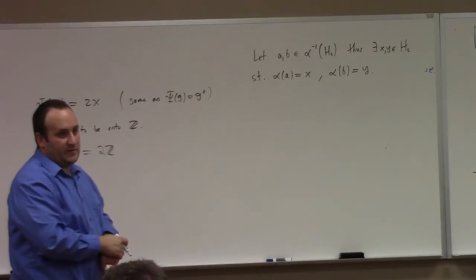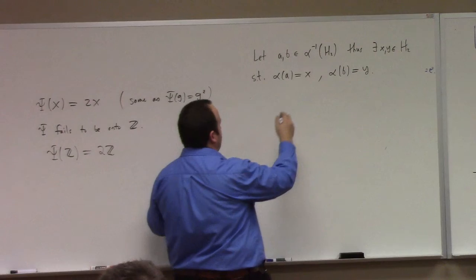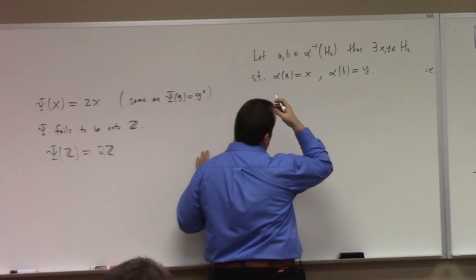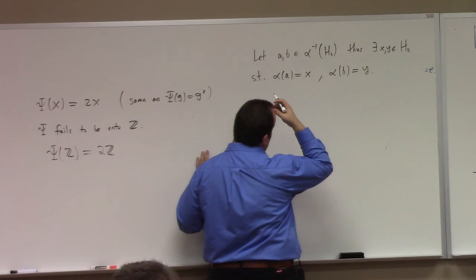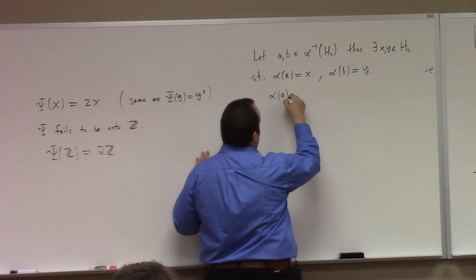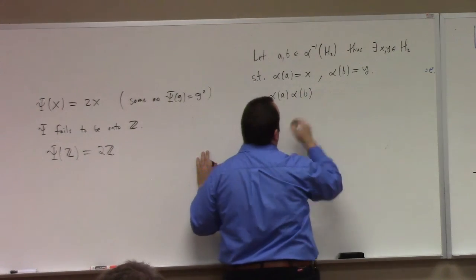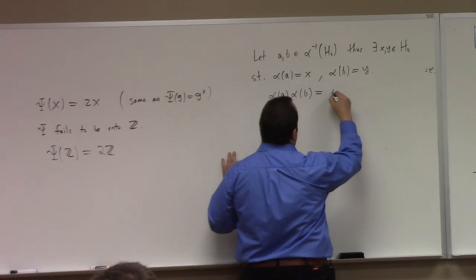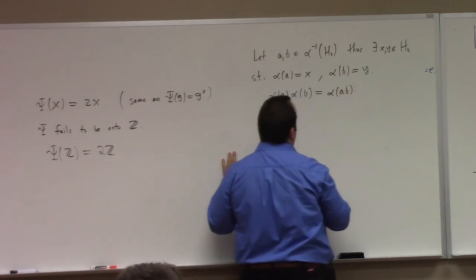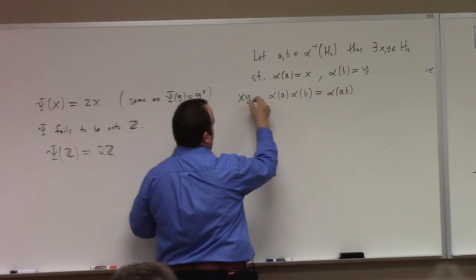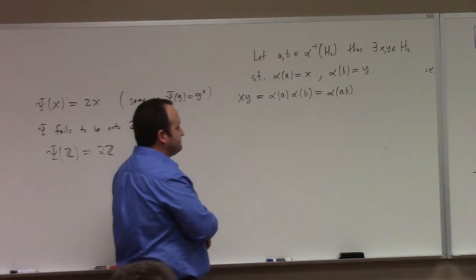So then we want to show closure, right? So check it out. Alpha of A times alpha of B is what? This is alpha of AB, right? But it's also equal to xy.